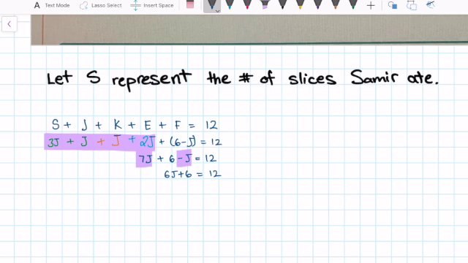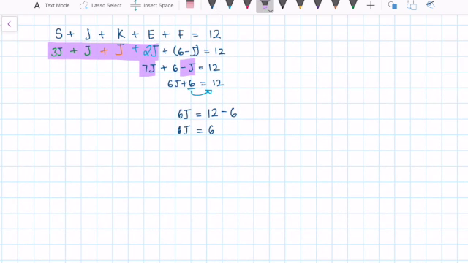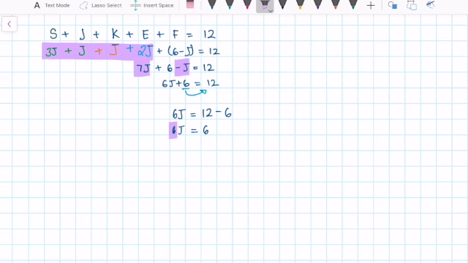Next, what I'm going to do is move the 6 over onto this side. So that makes my equation look like 6j equals 12 minus 6. Simplify that, and it looks something like this. Next, I'm going to move my 6 over. When I move my 6 over, it becomes division.